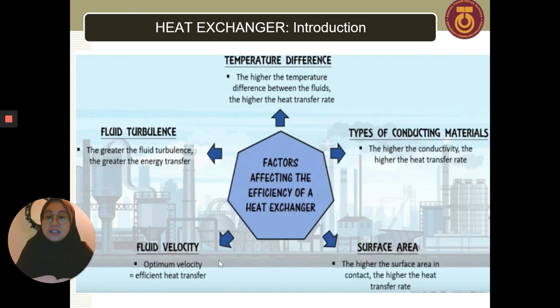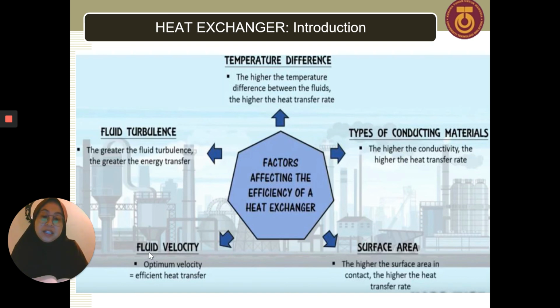And the third one is about fluid velocity. Of course, in this case, you need a pump. You no longer depend on the natural convection, but mostly on the forced convection, where the source of velocity is from the pump, for instance.